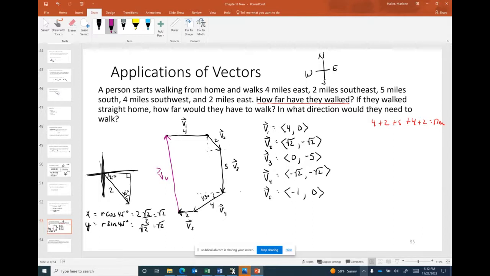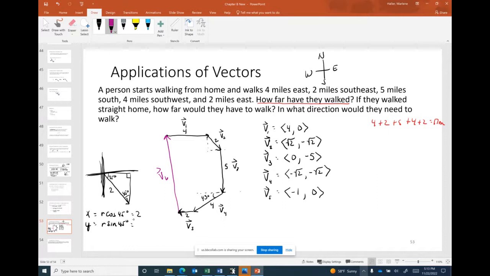So what do we want to find here? To determine how far they would have to walk, we want to find the magnitude of vector 6, don't we? So to find the magnitude of vector 6, I'm going to need to think about that as a triangle. It would be the hypotenuse of a triangle, and it's going to have both a horizontal and a vertical component.